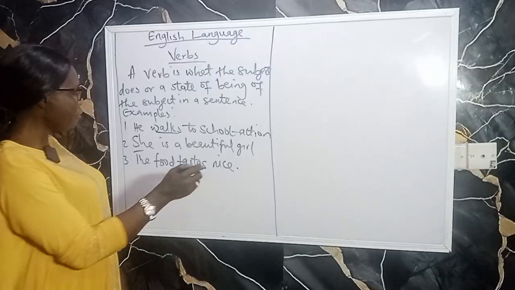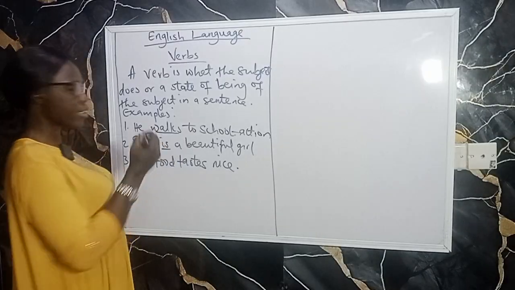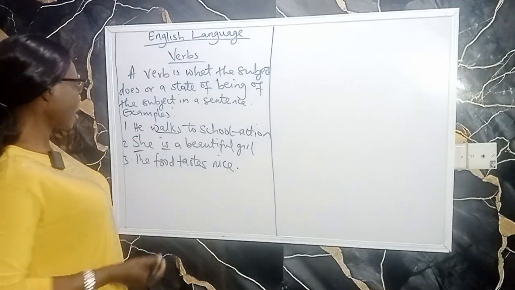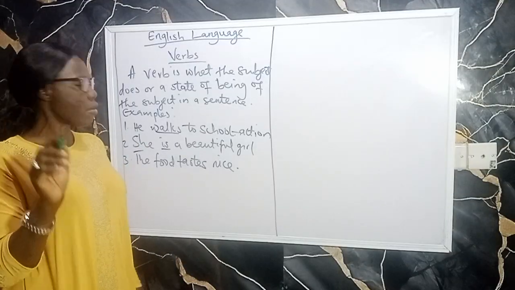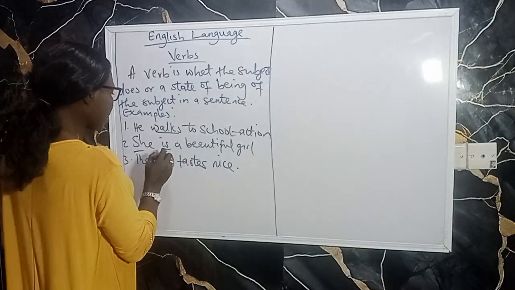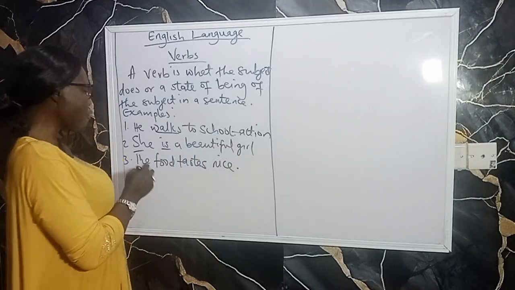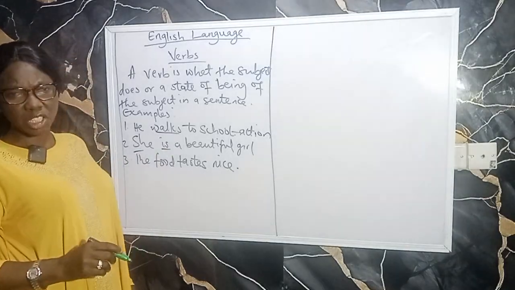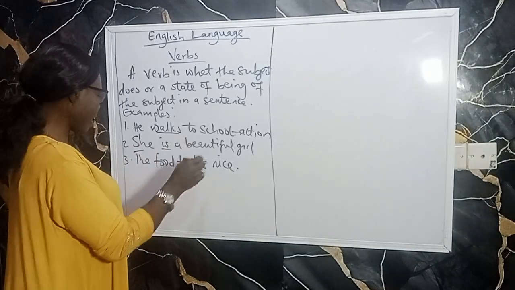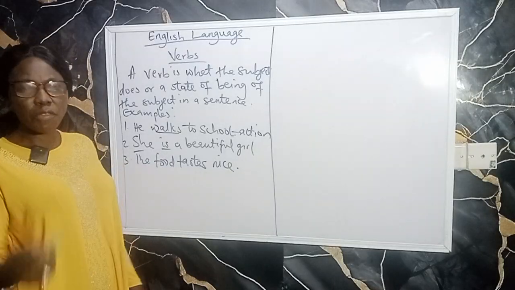Then she is a beautiful girl. Is here is not an action. It is the subject in a state of being. Then the food tastes nice. Taste here is not an action. It is also a state or condition of the food.